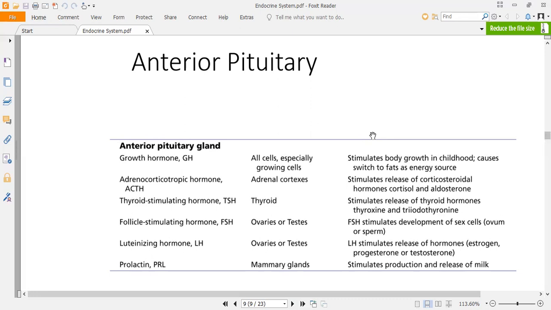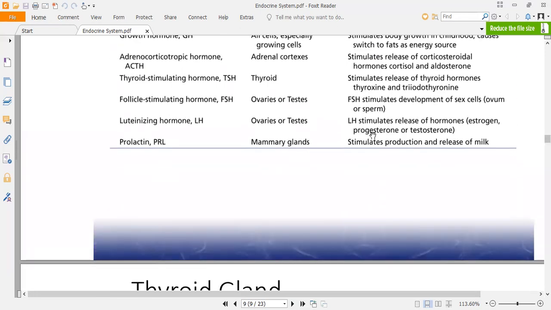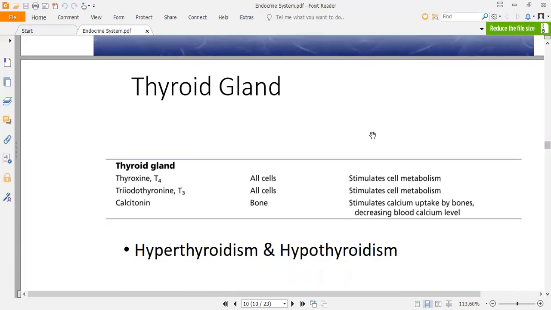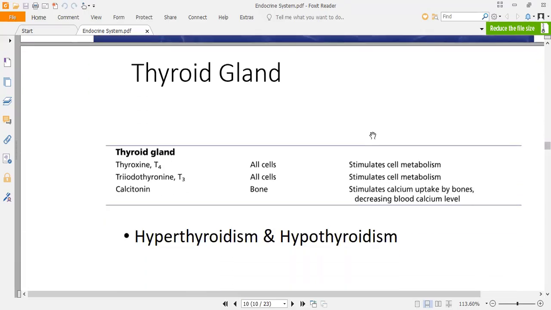We'll discuss that later. Then when you go to the thyroid gland, remember, this is just an overview. The thyroid gland produces thyroxine, which is T4, and stimulates cell metabolism. Then there's triiodothyronine, which is T3, and also stimulates cell metabolism.